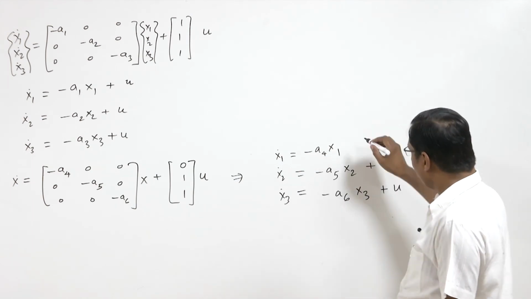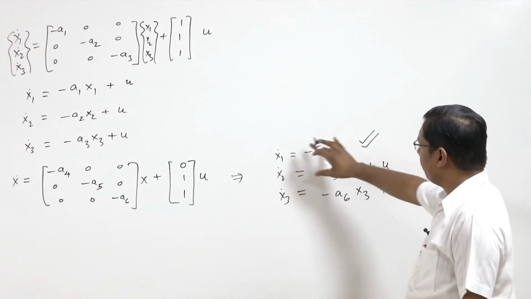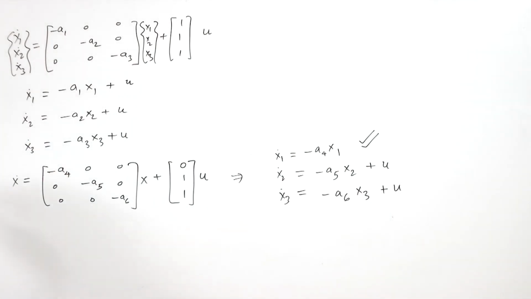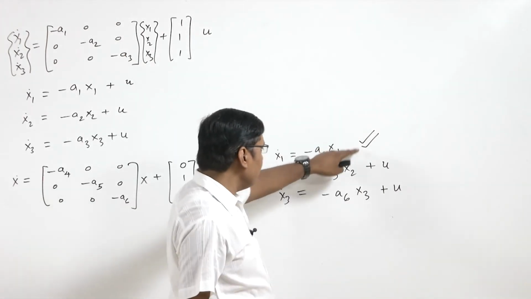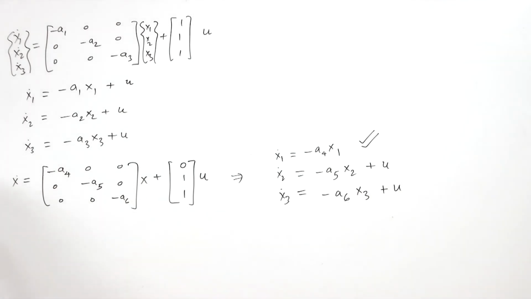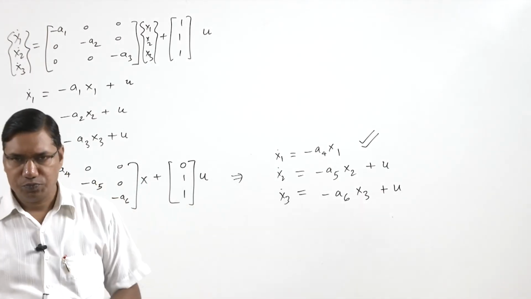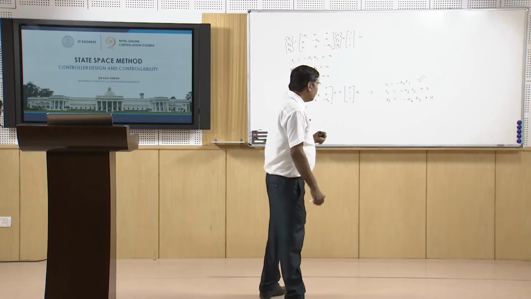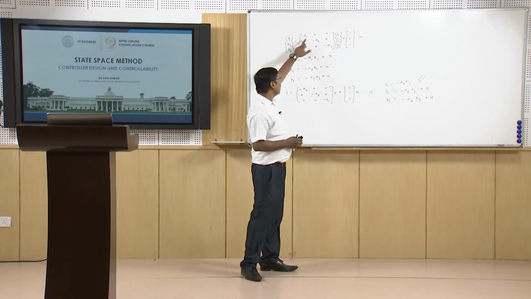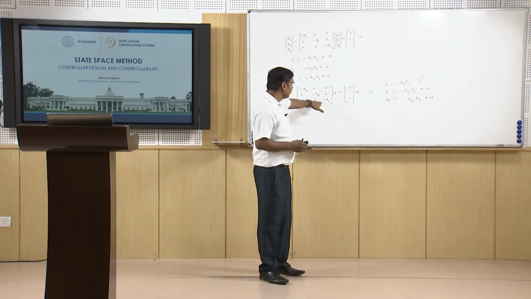So we see that this state variable is not affected by the input. x1 is not controlled by input u, and therefore the system is uncontrollable.